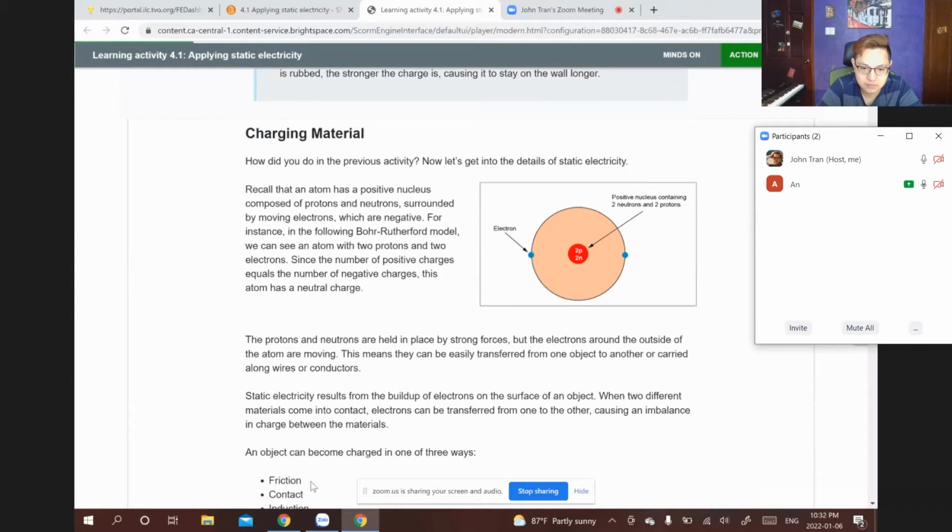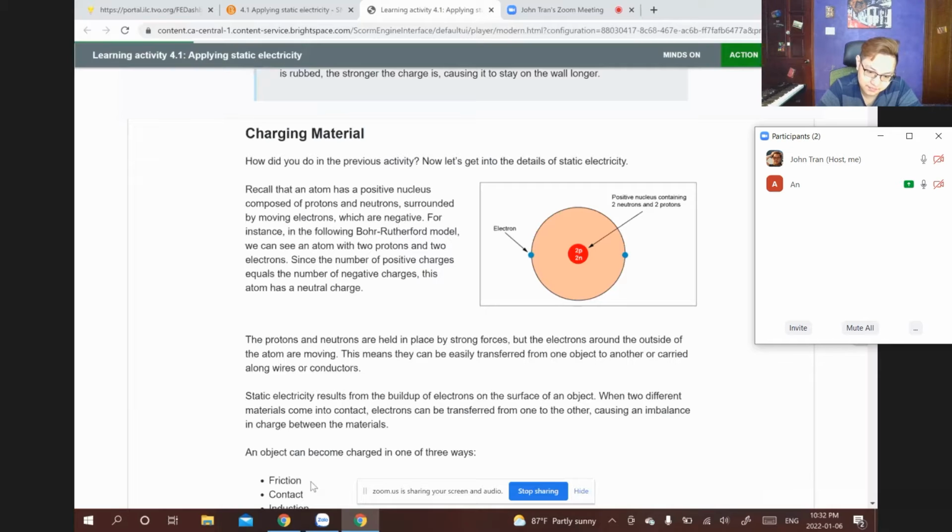Charging materials. How did you do in the previous segment? Let's go into the detail of static electricity. Recall that an atom has a positive nucleus composed of protons and neutrons, surrounded by moving electrons, which are negative.